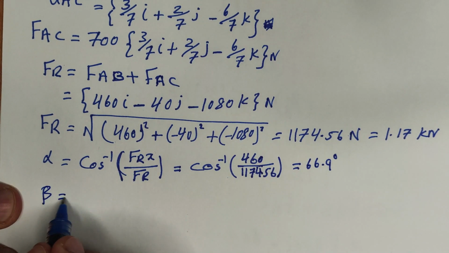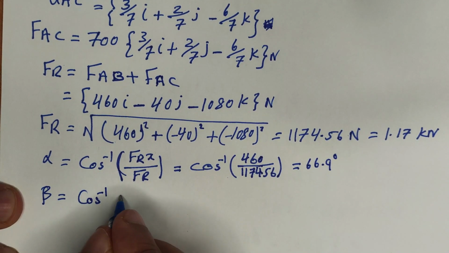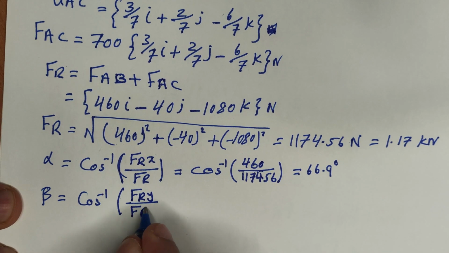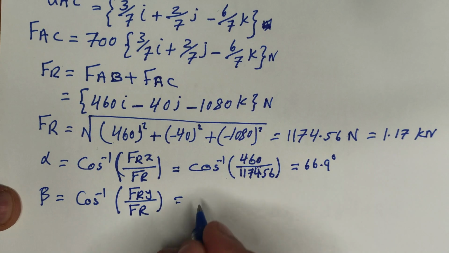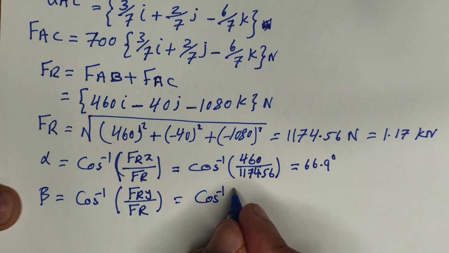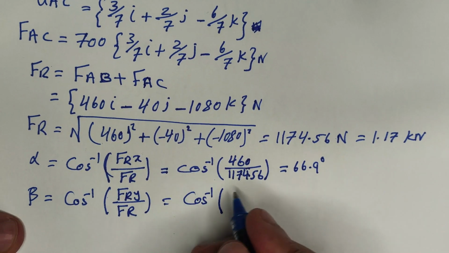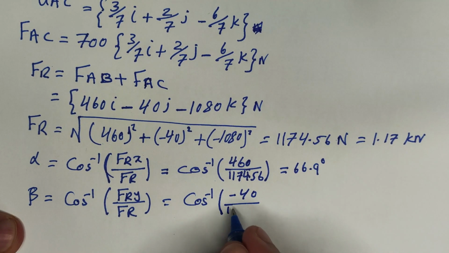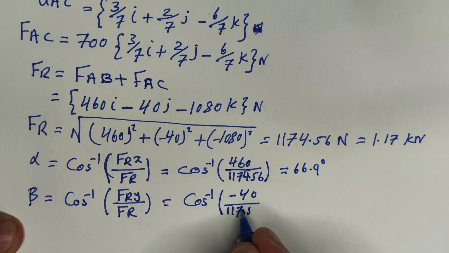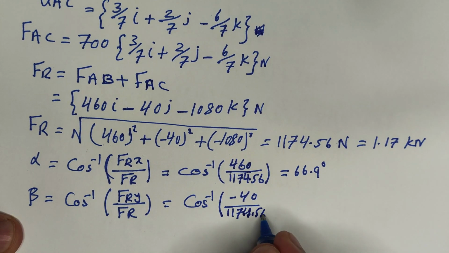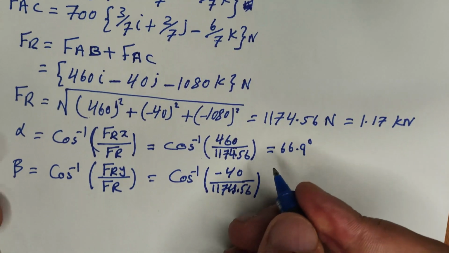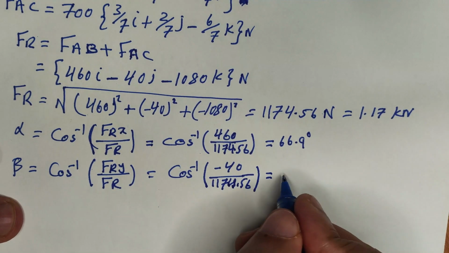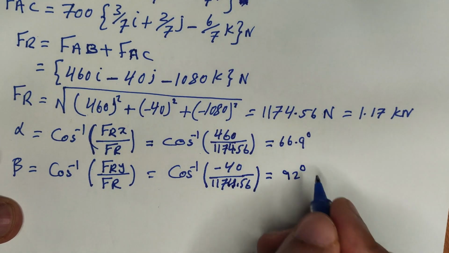Again, beta is equal to the inverse cosine of the resultant force in the y direction divided by the magnitude of the resultant force, which is negative 40 divided by 1174.56. All of this should result in 92 degrees.